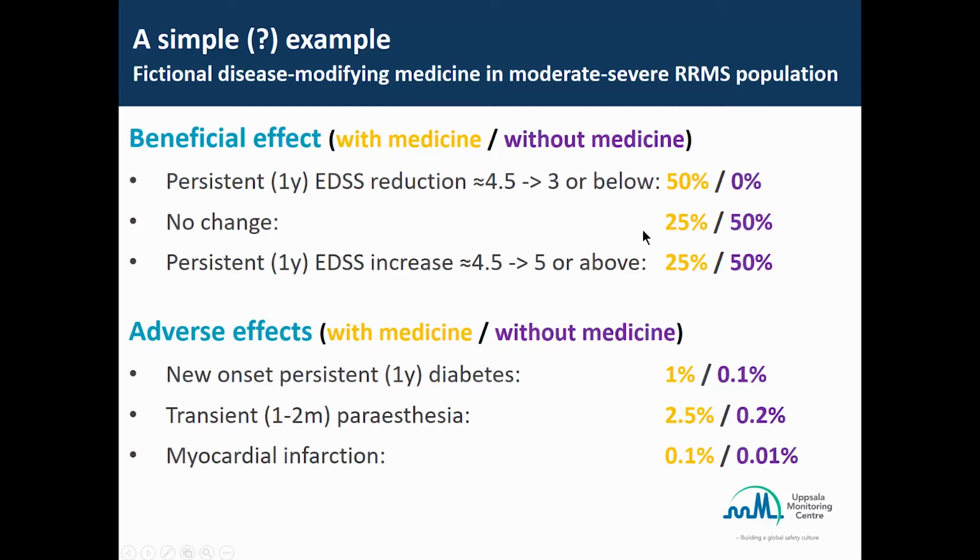So either the so-called EDSS, which is a measure of disability in multiple sclerosis patients, goes down from about 4.5 to 3 or below, or else it goes up to 5 or above in case the patient is considered to get worse. And these effects are assumed to be persistent for 1 year, as I've written here.